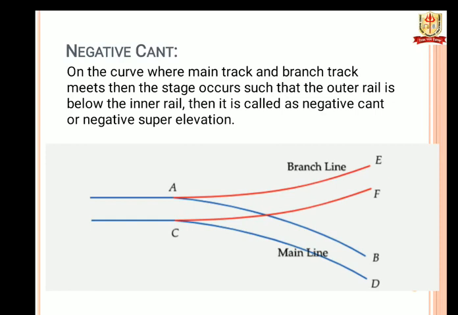These two contradictory conditions cannot be met within one layout. In such cases, a negative super elevation is provided on the branch line curve, and therefore the speed on both tracks must be restricted, particularly on the branch line.